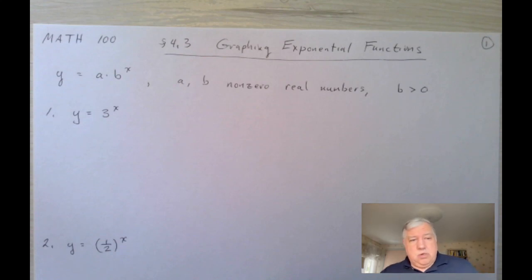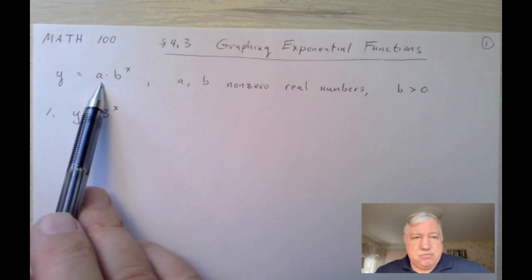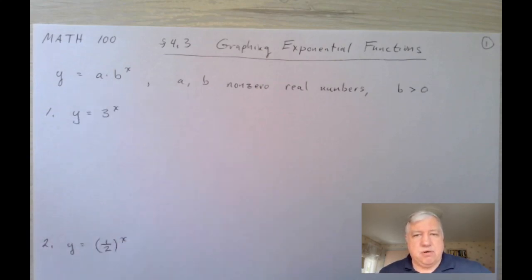Okay. So what we're going to be looking at today are these specific functions defined by this expression where a and b are non-zero real numbers, but b is positive. B is always positive. All right.